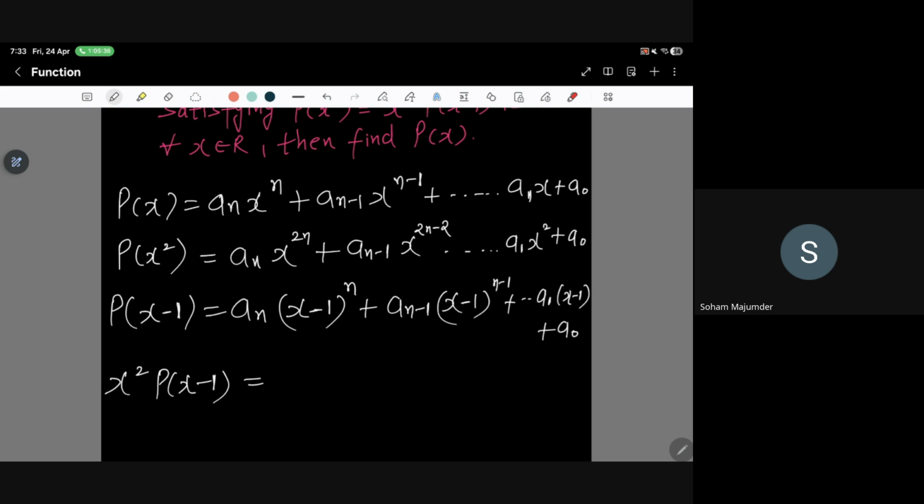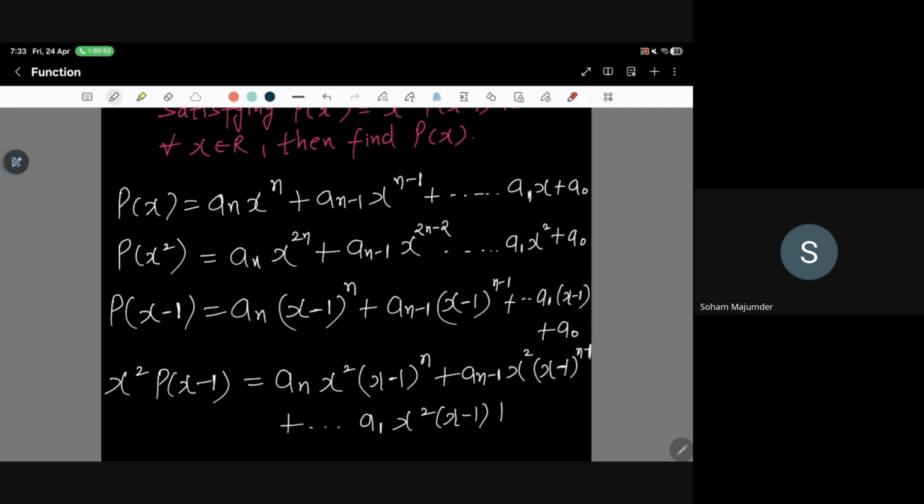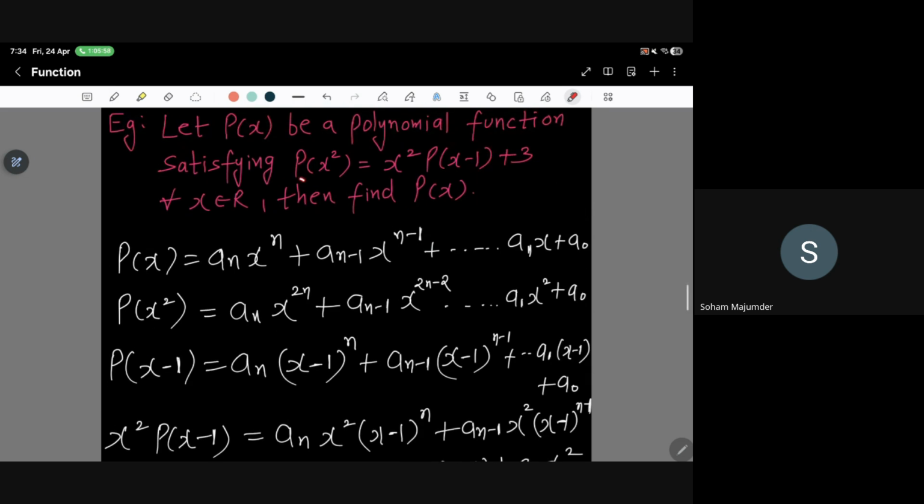So this becomes a_n into x square times x minus 1 to the power n, a_(n-1) into x square. This is my function.